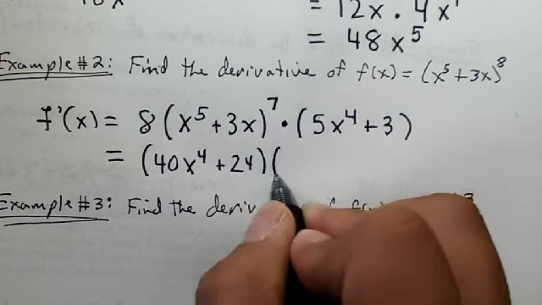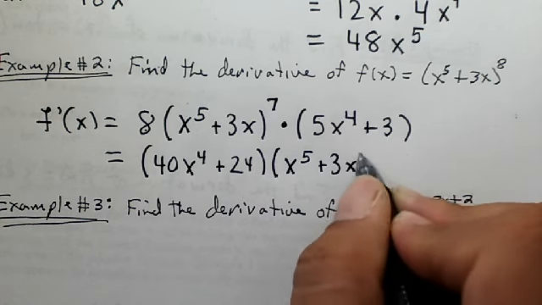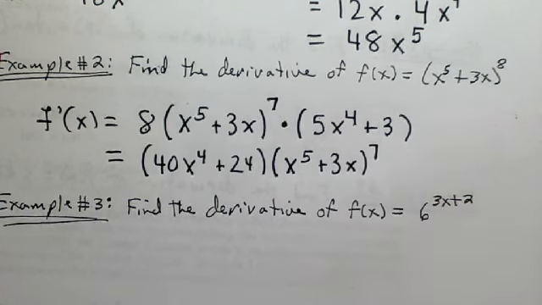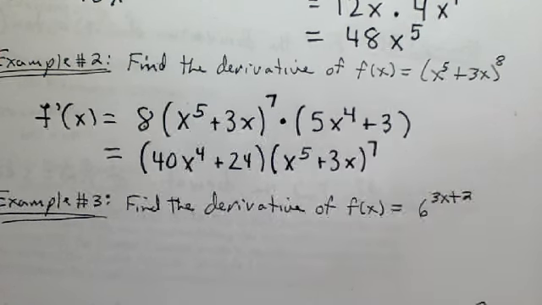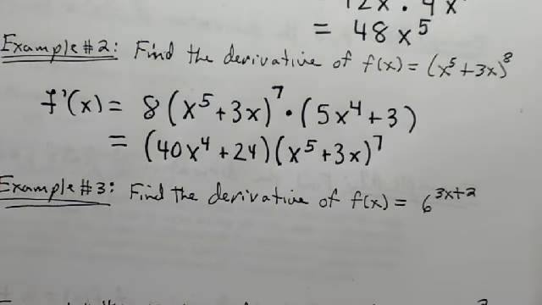And then you can multiply it times x to the 5th plus 3x to the 7th. That's a feasible way to present your answer. So you multiply it by the derivative. Right. Exactly.